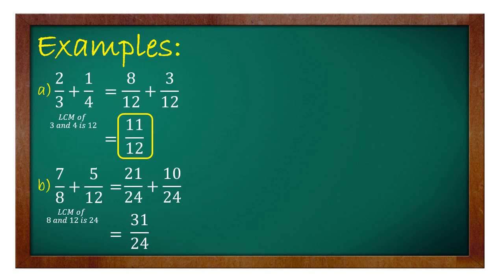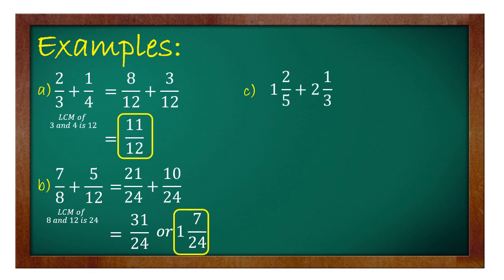Then, copy the denominator, which is 24. So, ang sagot natin is 31/24. Improper fraction siya, so we have to change it first into mixed number. Yung 31/24 magiging 1 and 7/24. So, that is now our sum.